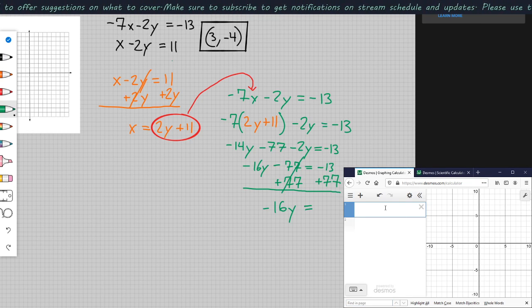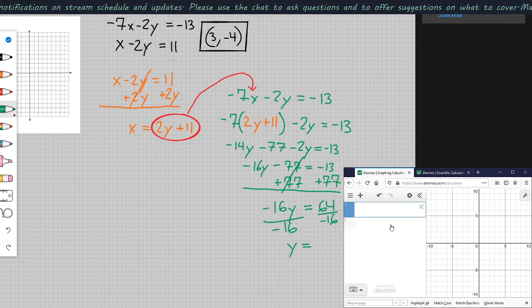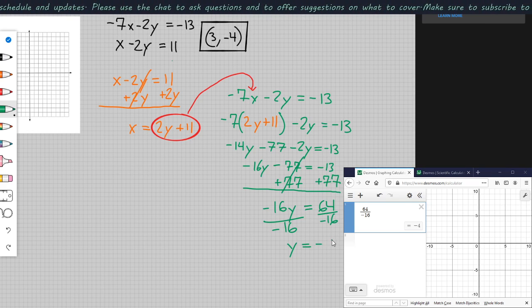So that's negative 13 plus 77, so that's going to be 64. And then we're going to divide that by negative 16 on both sides. So y equals negative 4. And was that our y value from graphing it? Yes. So we're doing okay so far.